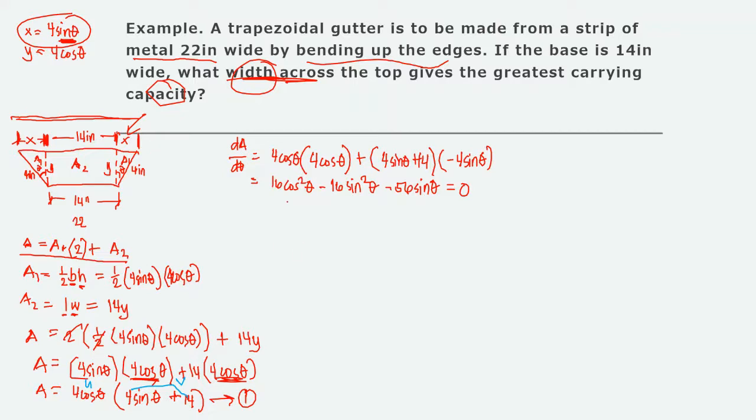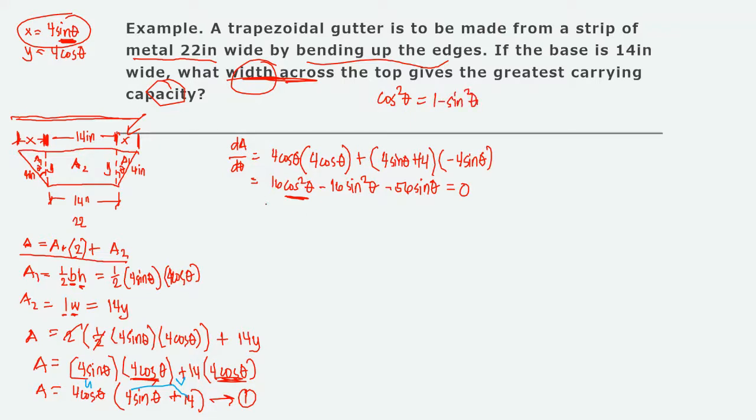So, as you can see, we have a cosine here in our equation. So, we can find some identities that would replace this into sine. So, if you can remember, we have an identity that the cosine squared theta is equivalent to 1 minus sine squared theta.